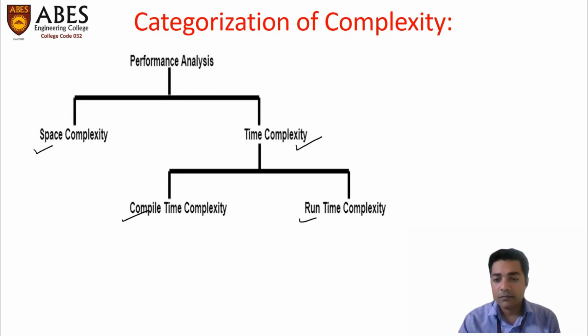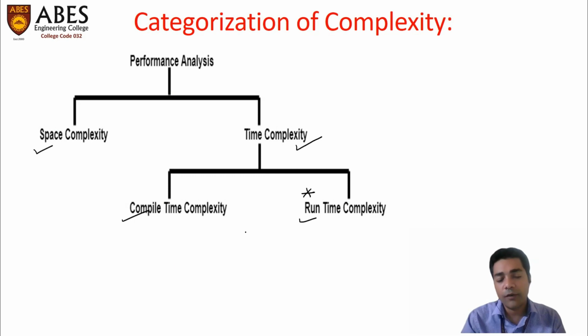For us, running time is more important than compile time. Why I'm saying this: if a program is compiled successfully, then we don't need to compile it again and again. We can make it an exe and then run it.